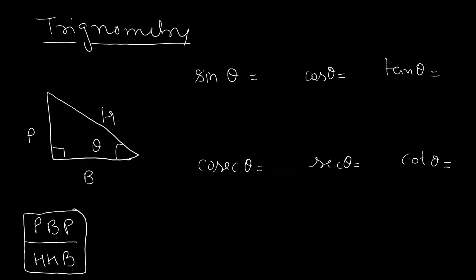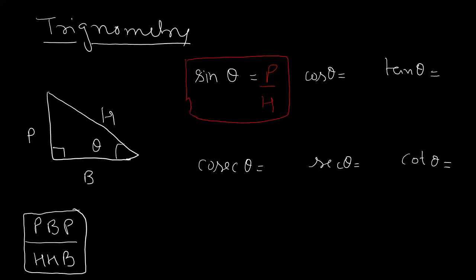So PBP over HHB, it gives us all the relations in this trigonometry. So sine of theta will be P over H. So I'm gonna say my sine of theta is P over H. That is the sine of theta.